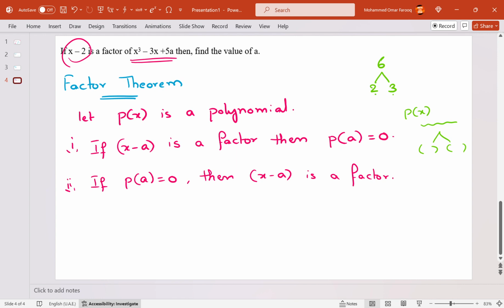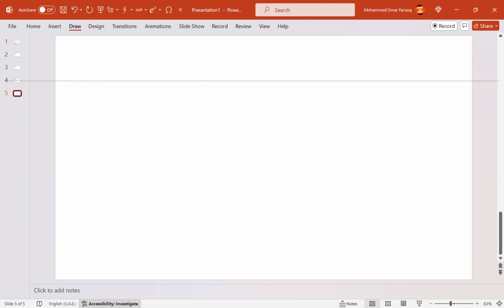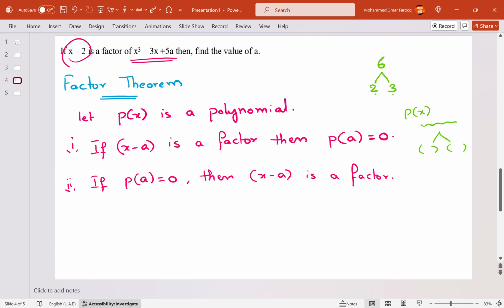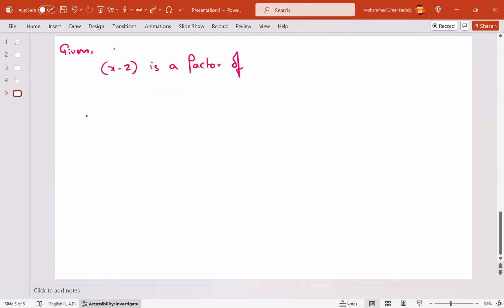So let us go to a new page and let me write. Given x minus 2 is a factor of x cube minus 3x plus 5a.